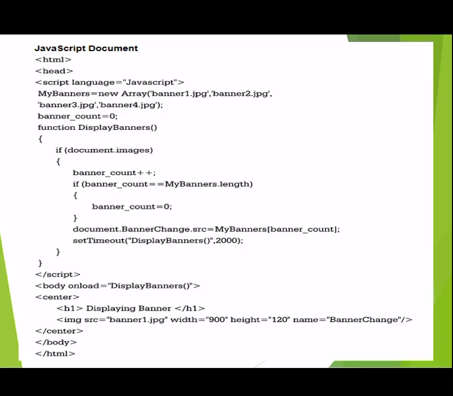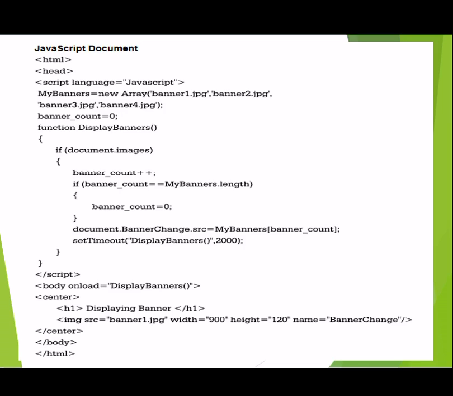When the banner count reaches the value 3, that is array index 3, again it will check if banner_count is equal to myBanners.length. When the banner length becomes 4, that is, banner count becomes 4, the count is set to 0 and it will start again. See, first it will display banner 1 at the 0th position, then the banner count is incremented to 1 and it will display banner 2.